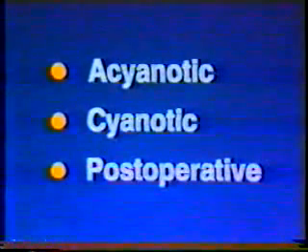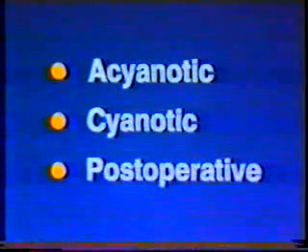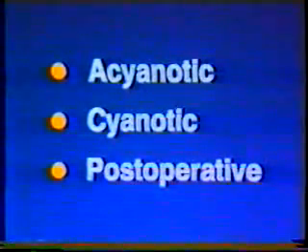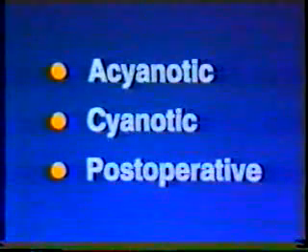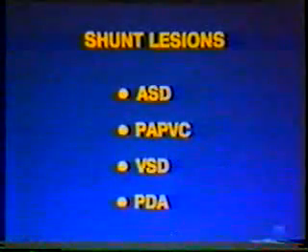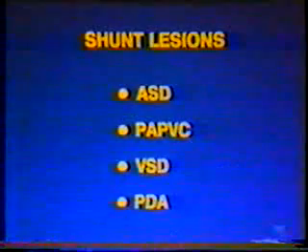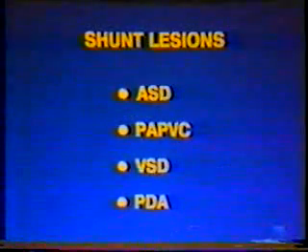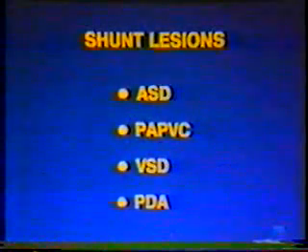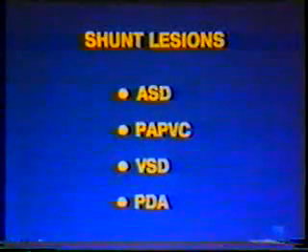The acyanotic lesions can be further subdivided into 2 categories: the shunt lesions and the stenotic lesions. Shunt lesions are atrial septal defect, partial anomalous pulmonary venous connection, ventricular septal defect, and patent ductus arteriosus.